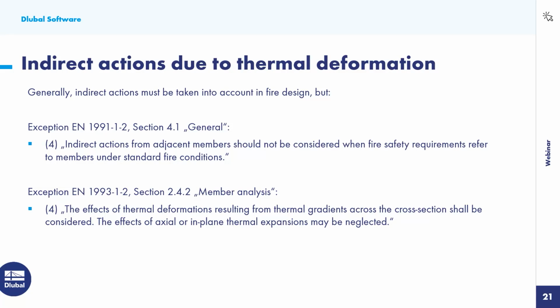So I want to demonstrate how you could theoretically consider such an indirect action analysis in our software as well. Although I want to be clear again, in my opinion, you don't need to take this into consideration in the fire design check when following these rules that we discussed today.